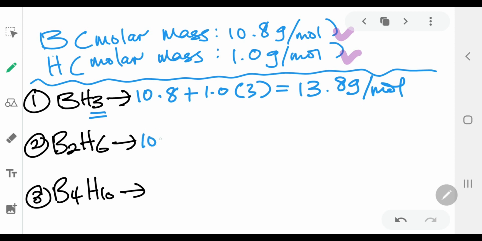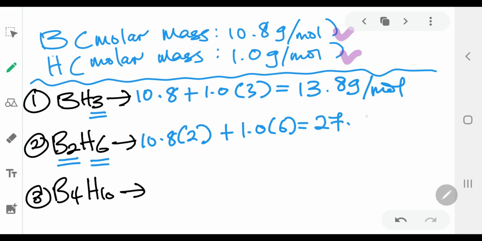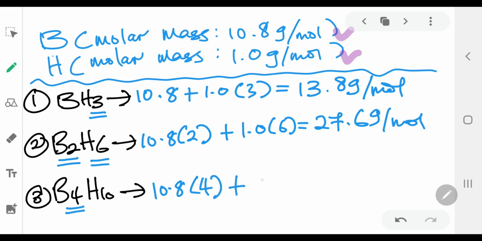You have 10.8, so that is the molar mass of boron, times 2, plus 1.0 times 6 for the 6 H, then you get 27.6 gram per mole. And here you have 10.8 times 4 because you have 4 boron, plus 1.0 times 10. So that is about 53.2 gram per mole.